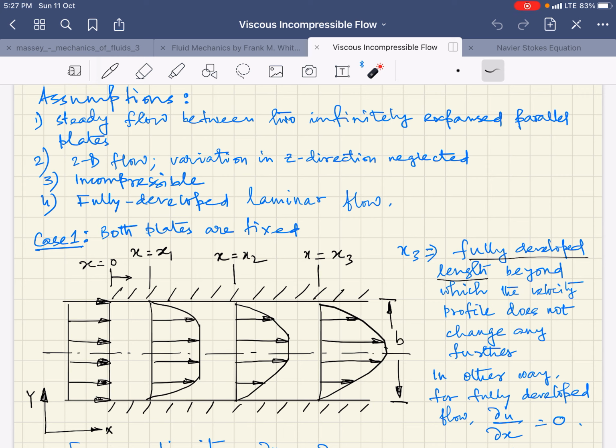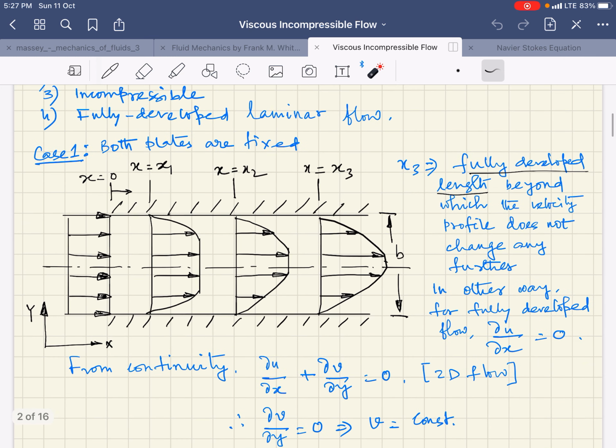And what do you mean by fully developed laminar flow? It is basically whenever a flow is entering a particular cross section from another cross section. Initially the flow is being accelerated or decelerated.